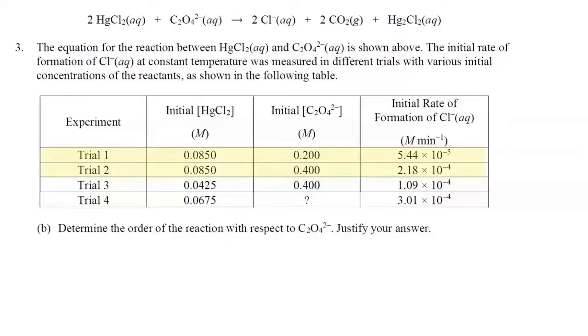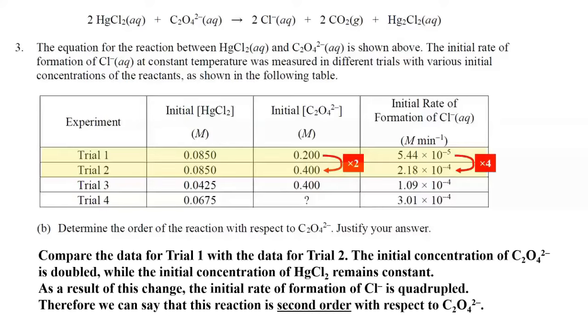So HgCl2's initial concentration was constant. They doubled the initial concentration of the oxalate ion, and let's see what happened to the rate as a result. Well, it increased, but this time by a factor of 4. So now we can say that this reaction is second order with respect to C2O42-.